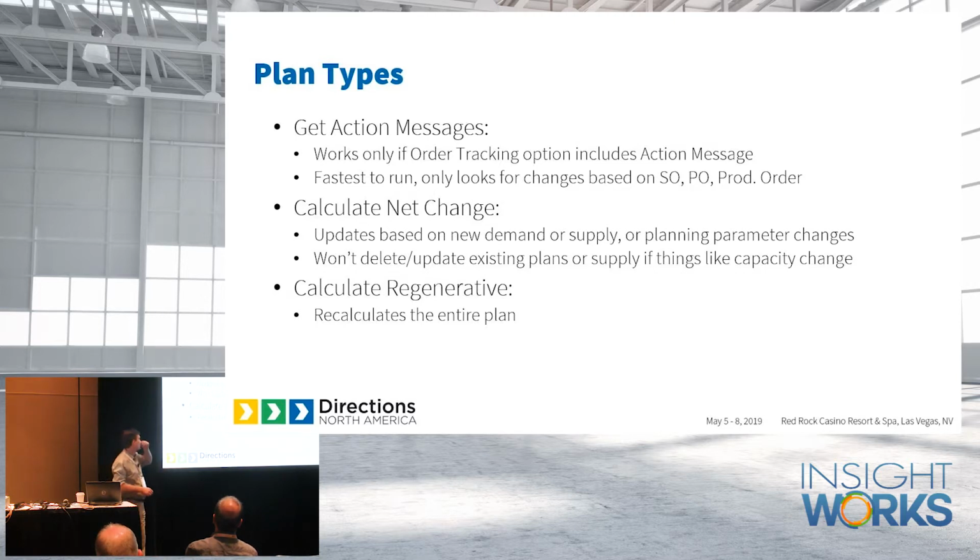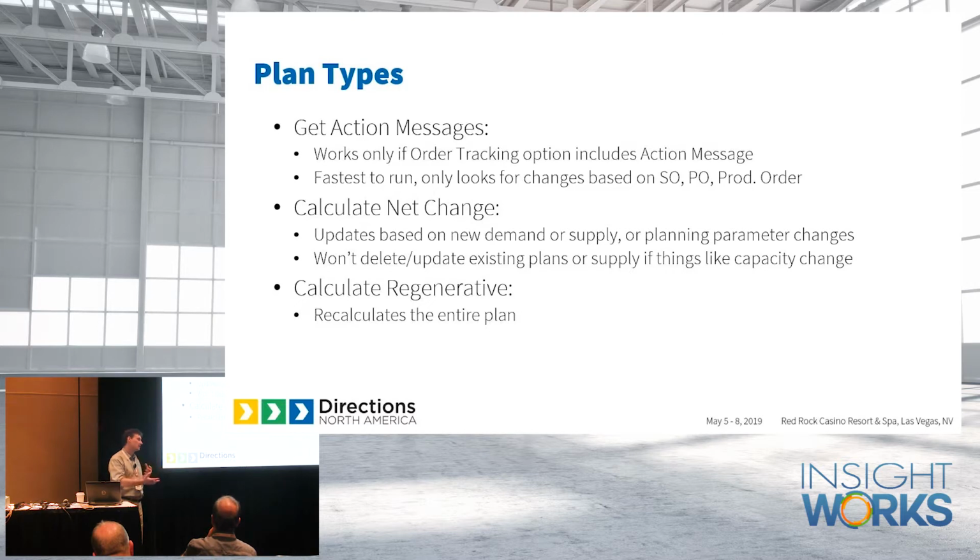The net change is a little faster than the regenerative. Net change will go through and look at your full supply and demand, so it matches up all your demand out there, all your supply, figures out what the differences are and tells you what to do about it. It won't take into account anything in manufacturing. If I've changed capacities or I've blocked a work center or any of that kind of stuff, it won't take that into account and change dates or anything else.